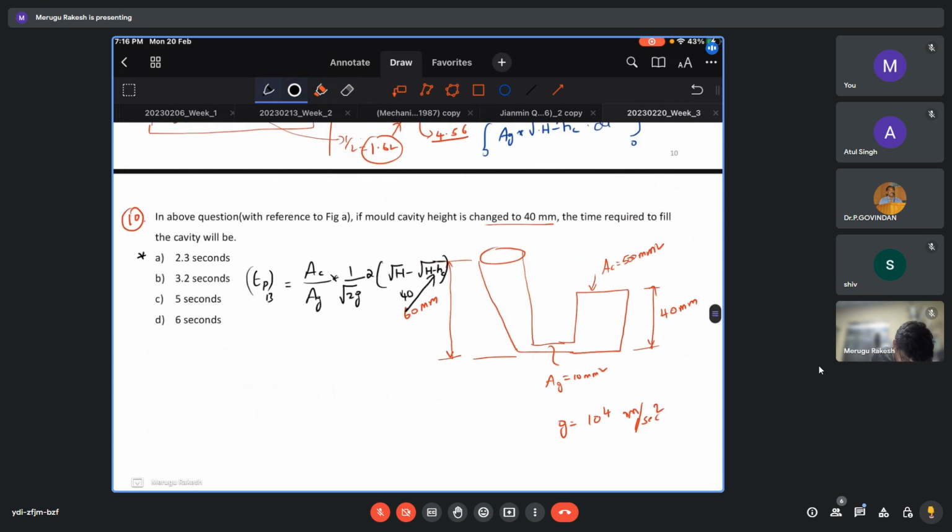The only option we have is 2.3 here. Because the height is less, TP will also be less. If the height is less, this term will be more, hence the total term will decrease, which reduces the TP.